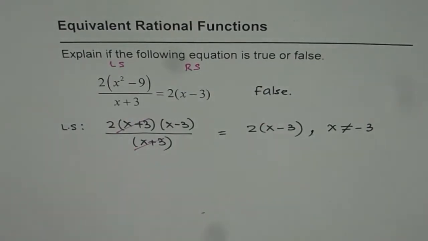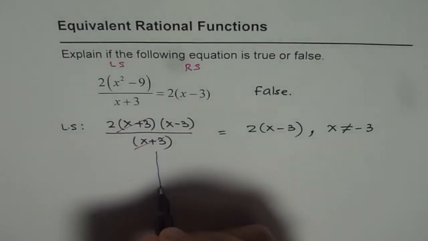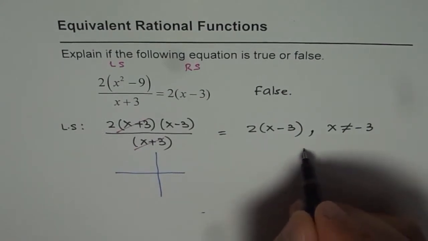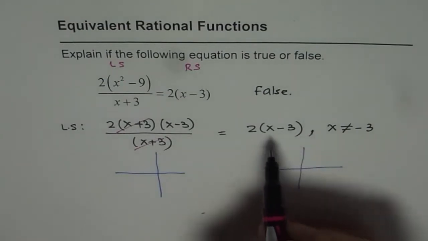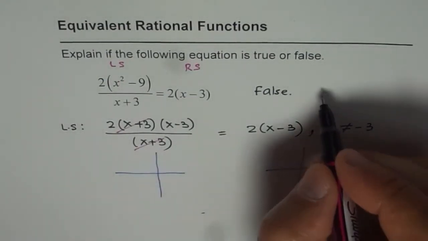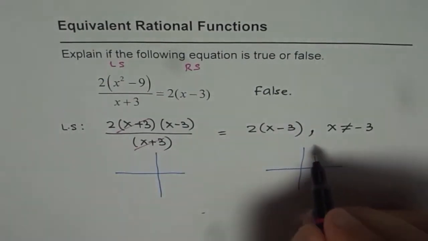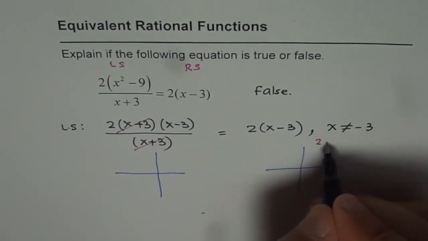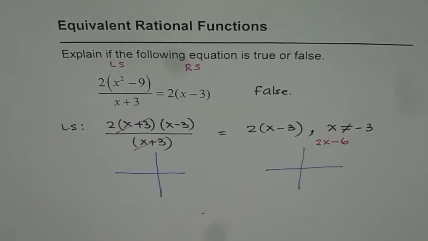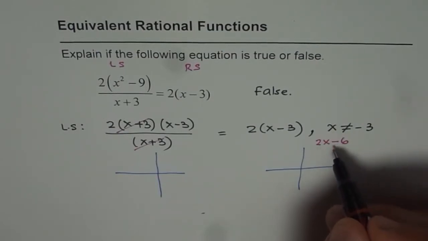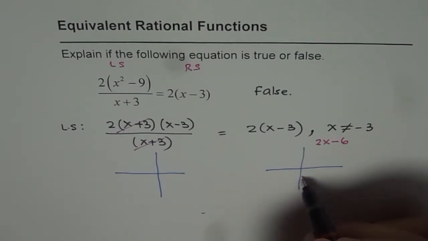right? Even otherwise, if I try to sketch these two curves, let me just sketch them and show it to you so that you can appreciate the difference. I'll show the right side here, which I can write as 2x minus 6, right? 2x minus 6 basically is a line, with a slope of 2, rise over run, and minus 6 as the y-intercept, correct?